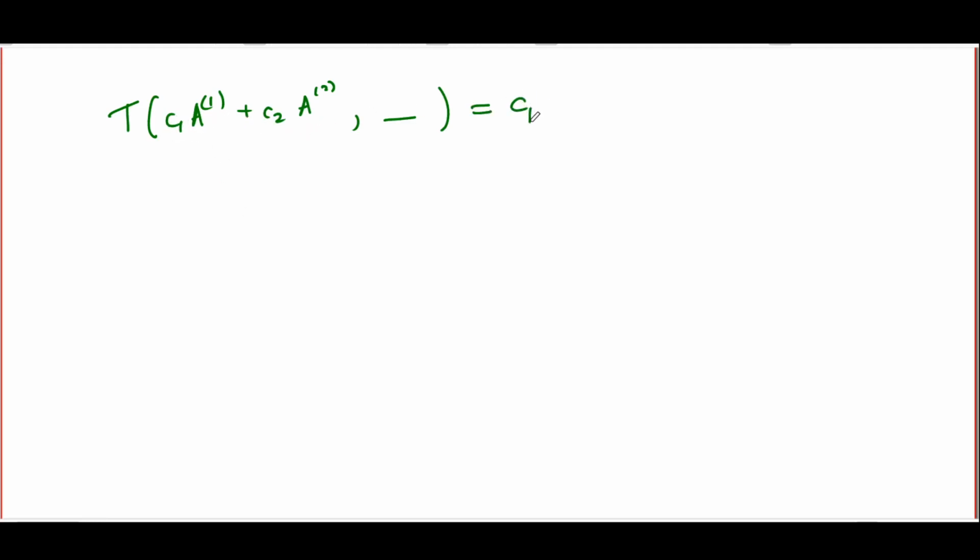It is very easy to see that the resulting covector is exactly the same as C1 T A1 with one slot empty plus C2 T A2 with the other slot empty. So this business of feeding one vector into a slot of a 0,2 tensor actually produces a covector out of a vector in a linear fashion.